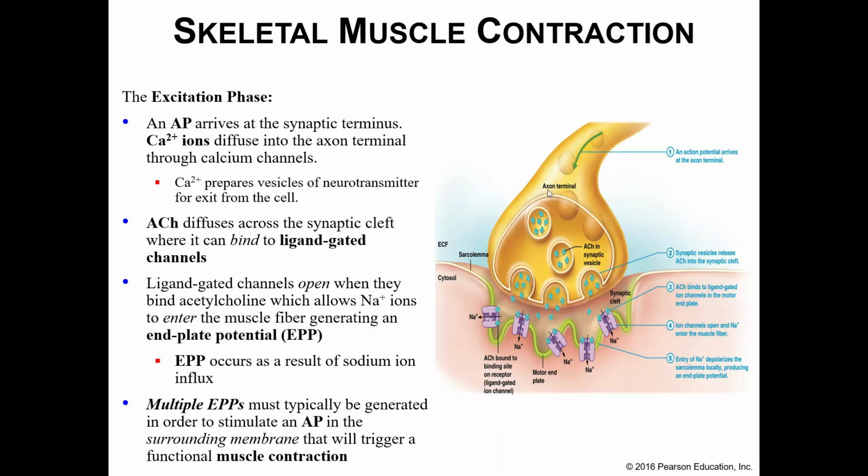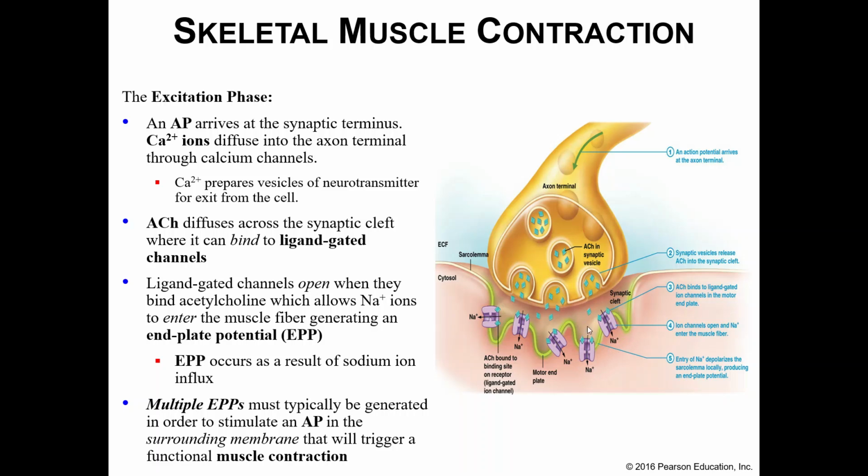So, one action potential comes down the terminal. We activate calcium ion channels. Calcium is going to come into the terminal, which causes acetylcholine to be released. Acetylcholine diffuses across the membrane and binds to the ligand-gated sodium channels.